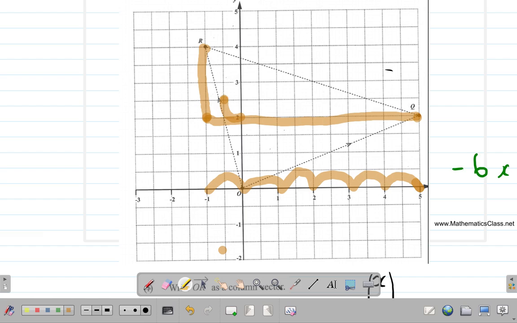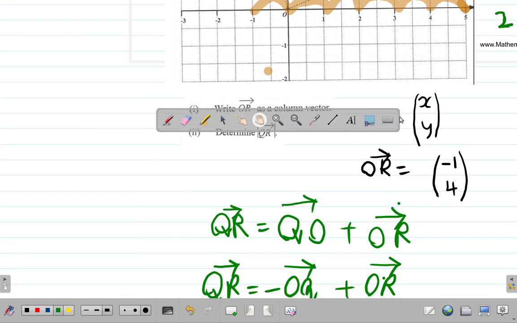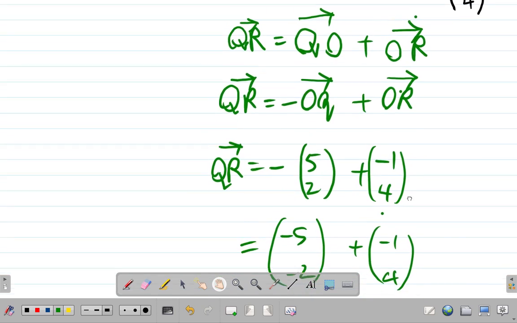From negative 2 to 3, that's 1 place. From 2 to 3, that's 1 place. From 3 to 4, that's a second place. So along the y direction, you move 2 places. So you can see it's negative 6, 2 that you move. Now you get the same result as when you add the two vectors.